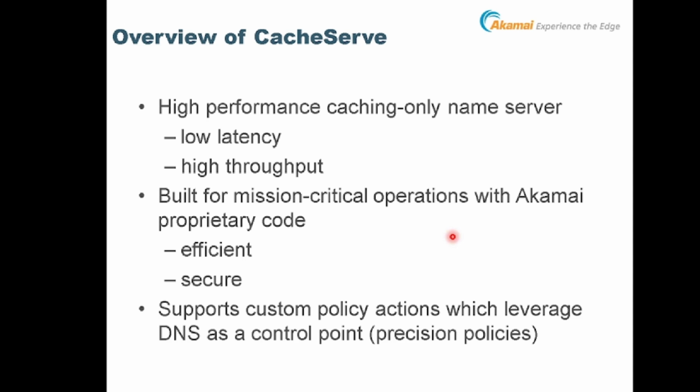CacheServe then is a high performance caching only DNS server. Caching only meaning that there's no way to load a zone into CacheServe. I cannot put movie.edu into CacheServe. I can tell CacheServe where to find movie.edu if I have a specific name server or set of name servers that I want CacheServe to use.